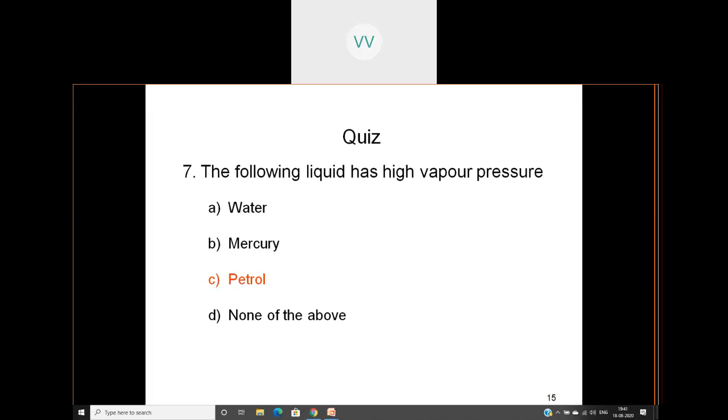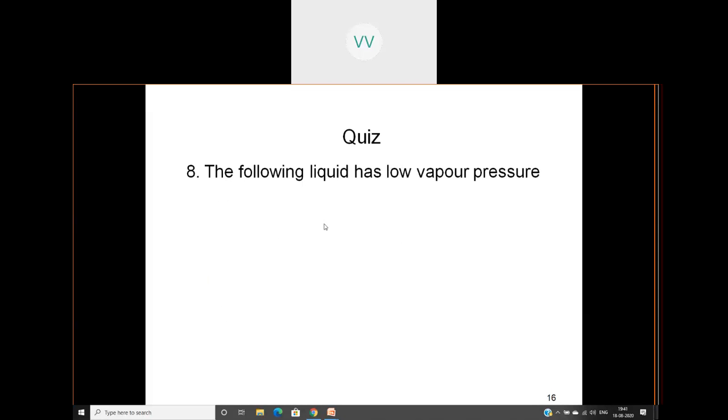When a vehicle fails and there is suddenly no petrol, people go to the nearest petrol bunk, get a bottle of petrol and try to start it. But it is not actually allowed, though under unavoidable circumstances we resort to such things. Usually petrol is put directly into the tank because it has high vapor pressure. When it is exposed to the atmosphere, it will just evaporate. That is why we have to handle this liquid carefully.